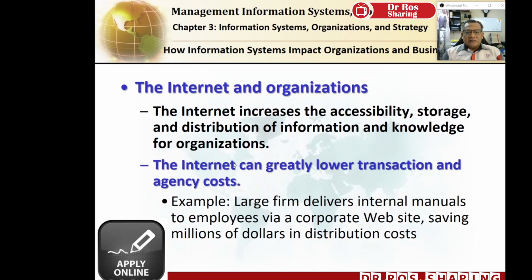As far as the internet is concerned, the internet itself is one form of IT technology. It has greatly lowered the cost of information sharing. When you send email from Malaysia to Japan, the cost is technically almost zero, maybe 1 cent, right?